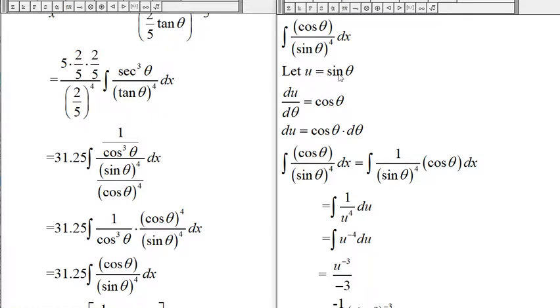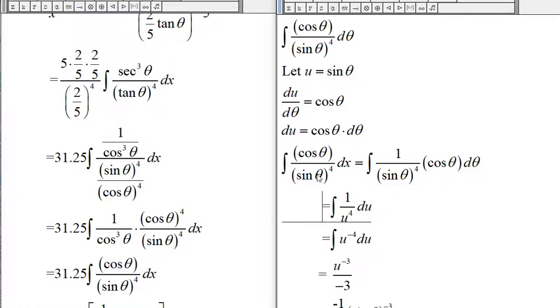So let u be sine, and then du d theta is the derivative of sine, which is just cosine. So we get du is equal to cosine theta d theta.